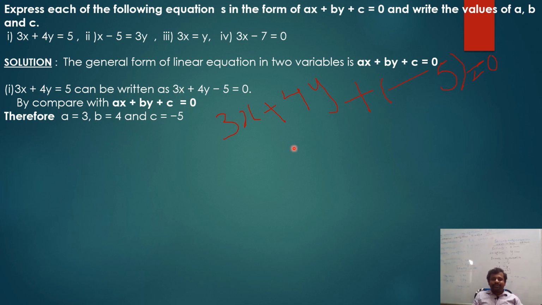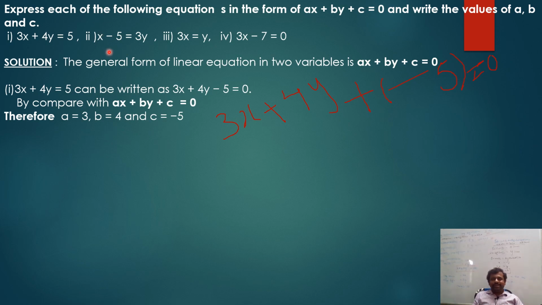A is equal to 3, B is equal to 4, then C is equal to minus 5. So 3x plus 4y is equal to 5 can be written as 3x plus 4y minus 5 is equal to 0, where A is equal to 3, B is equal to 4, and C is equal to minus 5.